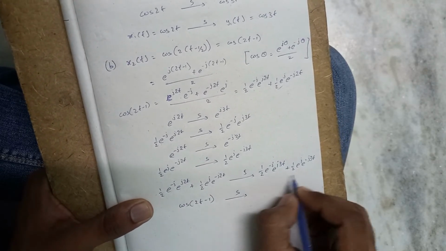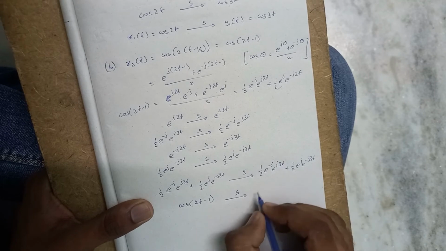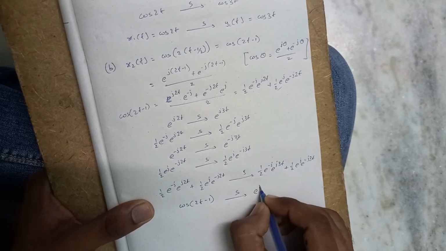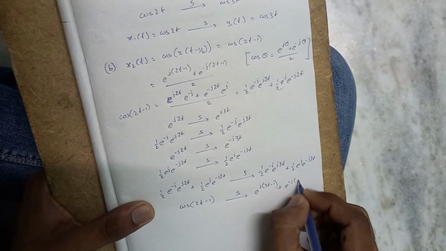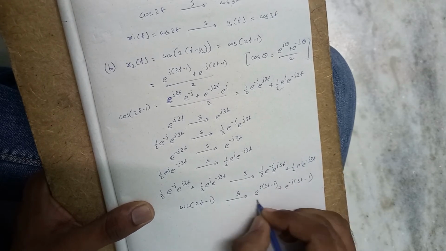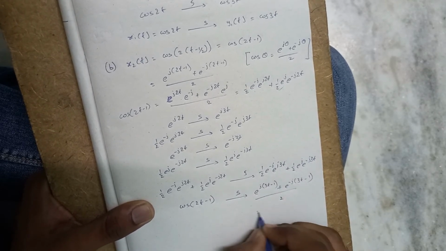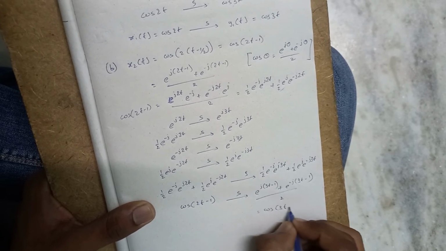So we can write the output as e power j into 3t minus 1 plus e power minus j into 3t minus 1 whole divided by 2, which is equal to cos of 3t minus 1.